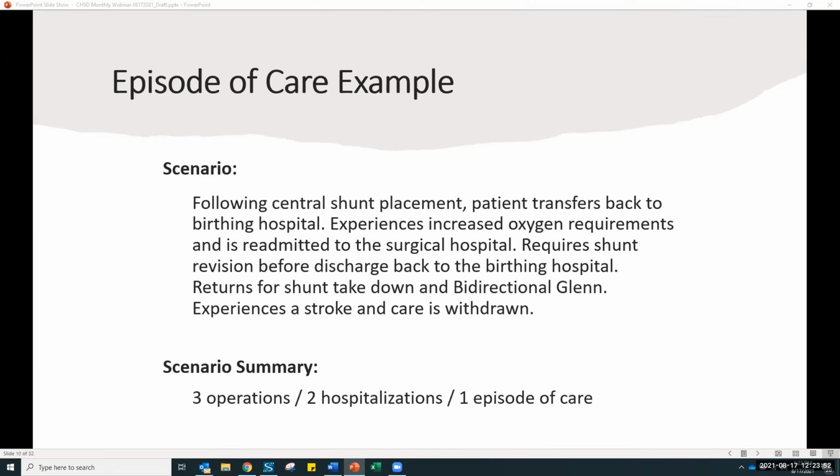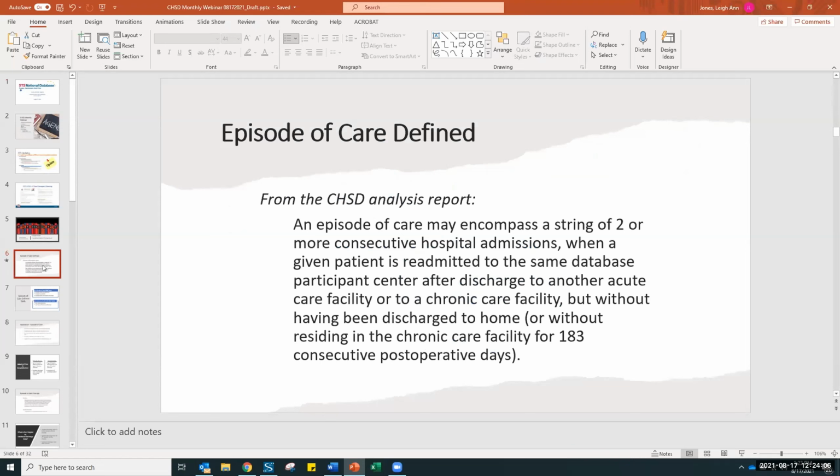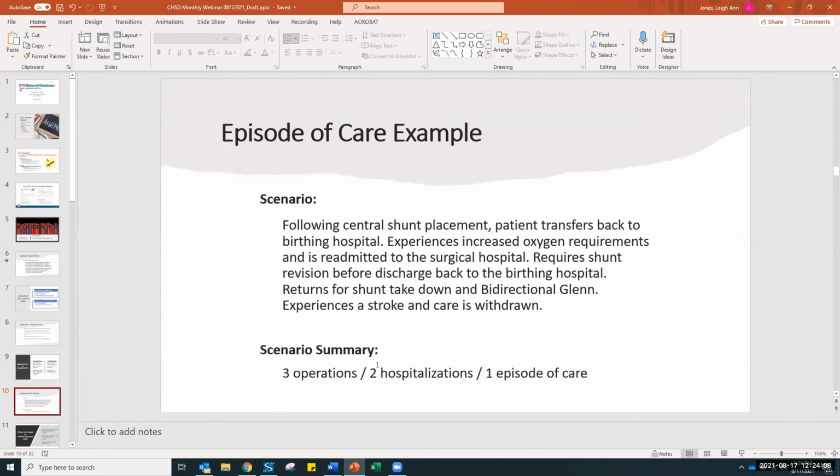Now, if the patient returns within 30 days of that original procedure and has another procedure or any other complication, pleural effusion that's drained or something of the sort, all of the complications that occur within 30 days of your initial procedure during that first episode of care will get put on that procedure.